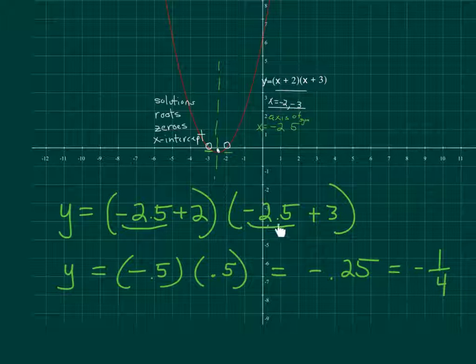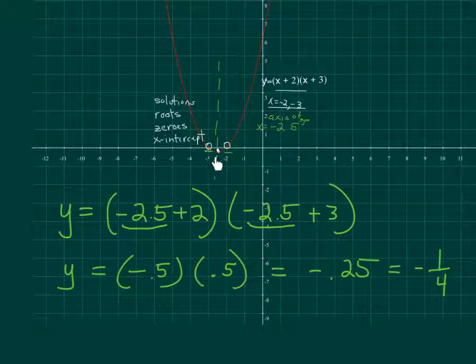And so just from this equation, we are able to find the 2 points where the graph of the parabola crosses the x-axis by setting our factors equal to 0, and then we're able to look at the midpoint between those two factors to find our axis of symmetry.